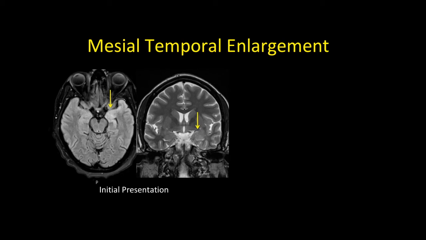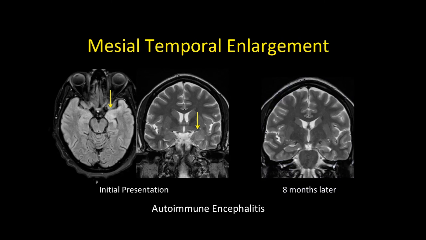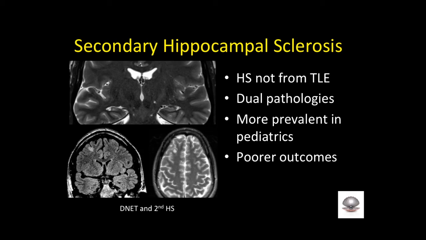I think they were untreated for what this turned out to be, which was autoimmune encephalitis, enlarged amygdala with autoimmune encephalitis, and several months later they eventually had hippocampal sclerosis. Secondary hippocampal sclerosis, so this is hippocampal sclerosis not from temporal lobe epilepsy. These commonly have dual pathologies and they're more prevalent in kids with worse outcomes.